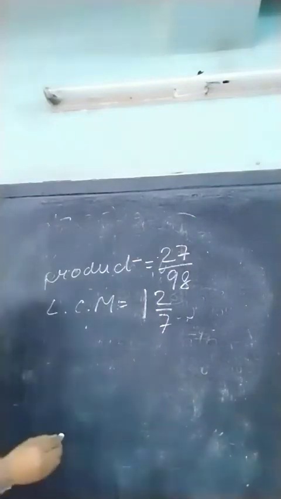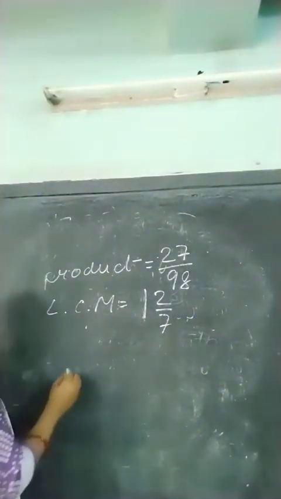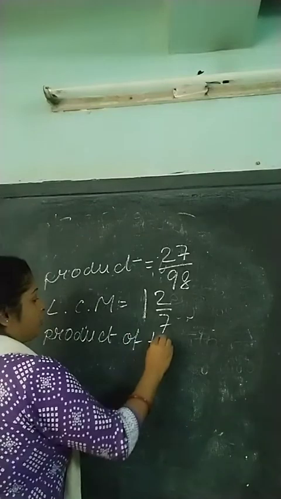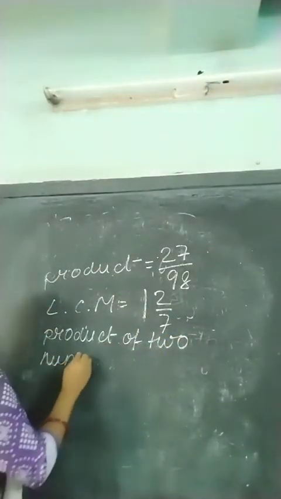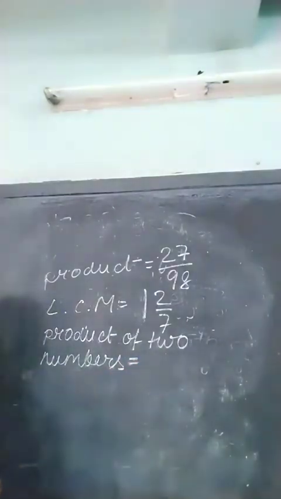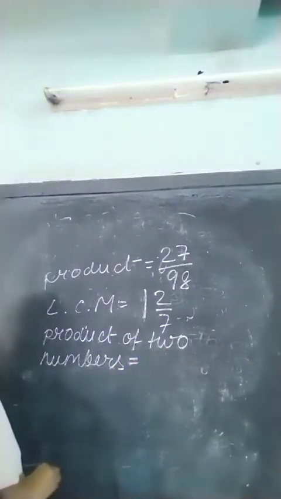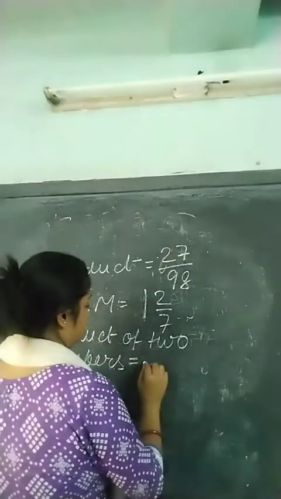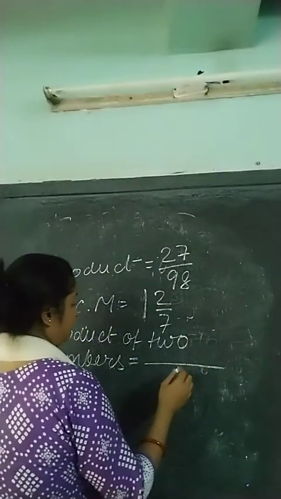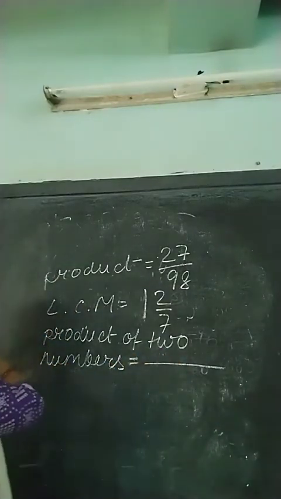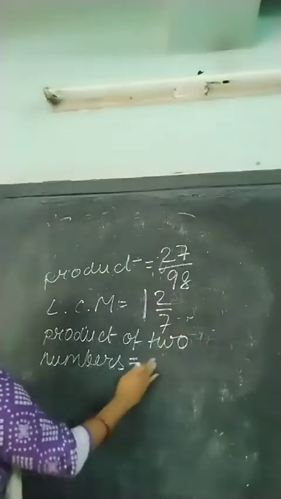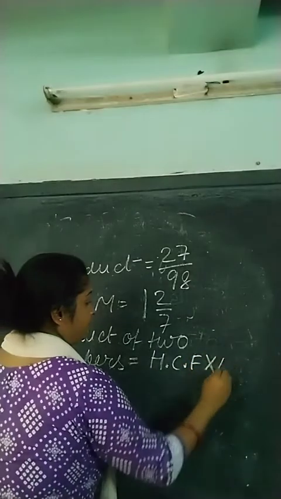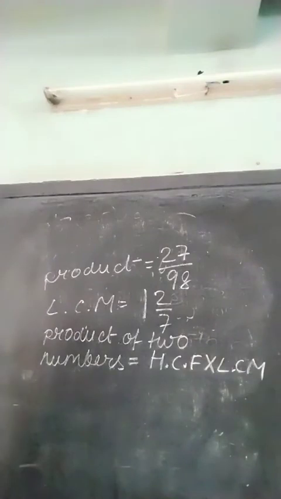The formula you have to apply is a new formula. And the formula is: product of two numbers is equal to HCF into LCM, or LCM into HCF, whatever you may write.